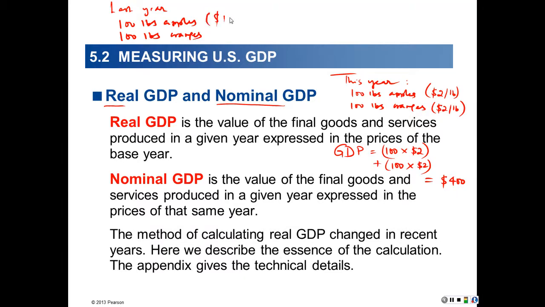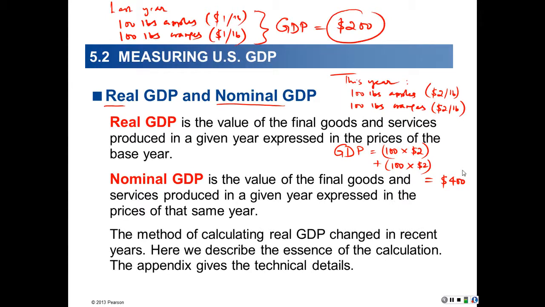Apples cost $1 a pound last year, and oranges also cost $1 a pound last year. So what was GDP last year then? GDP last year then was $200. Is that correct? Yes? So we have a $200 figure for GDP from last year.